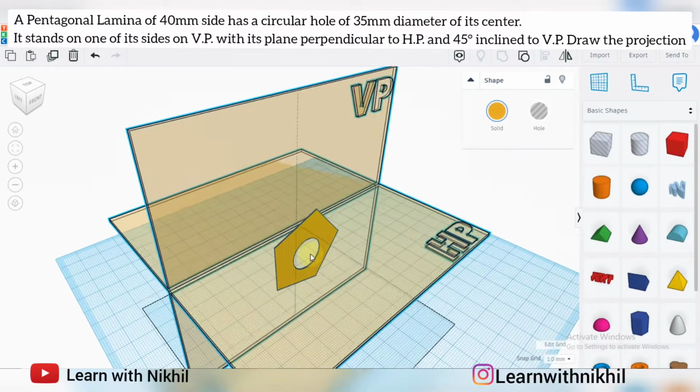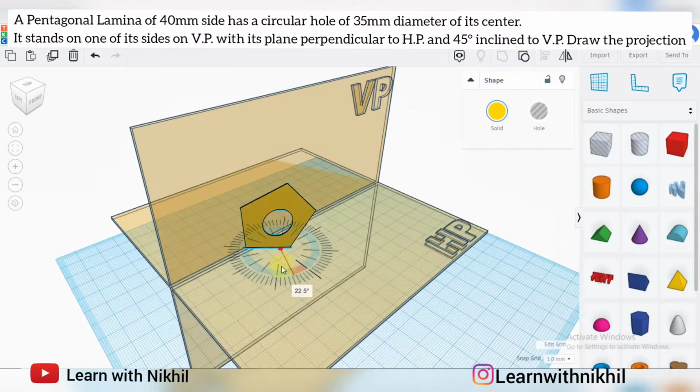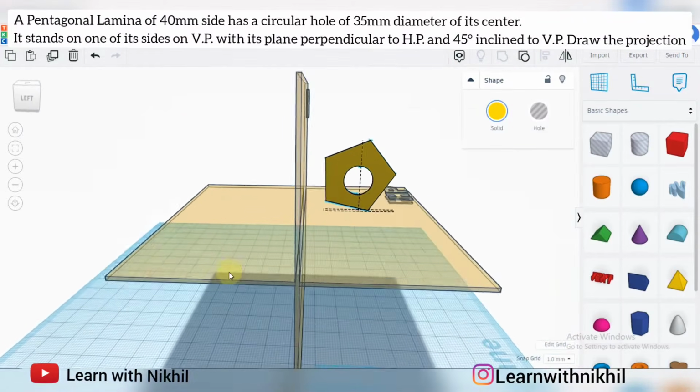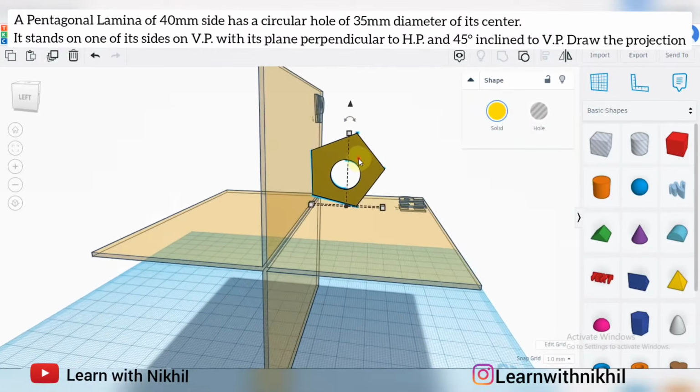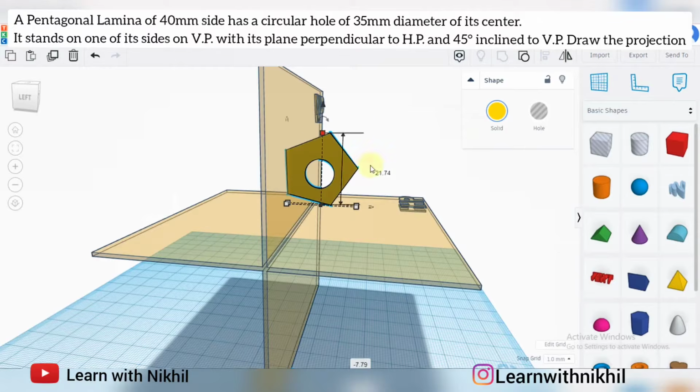So I have kept this pentagon like this. So as per the question, it stands on the vertical plane. Now this part is attached to the vertical plane like this. It is attached to the vertical plane as it stands on it.